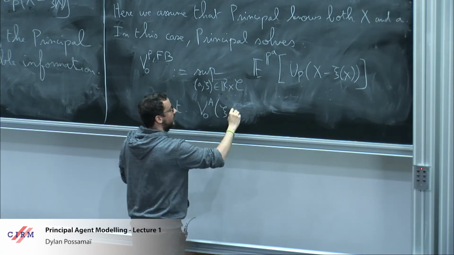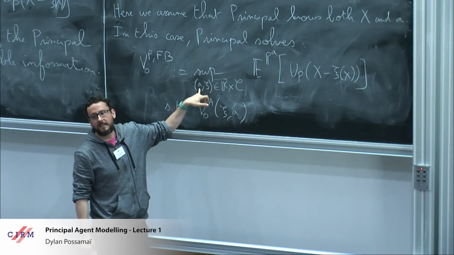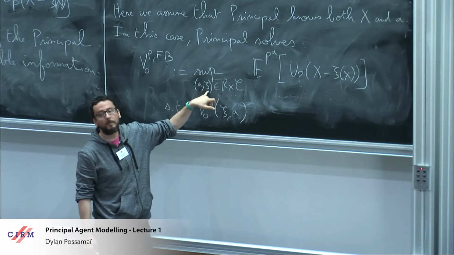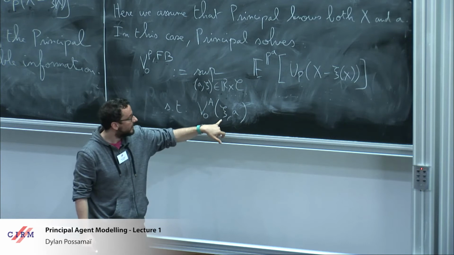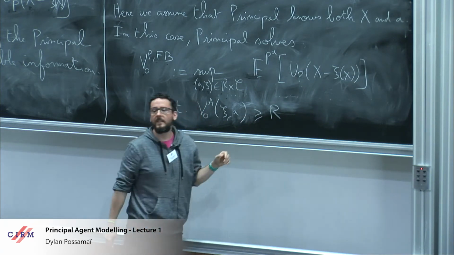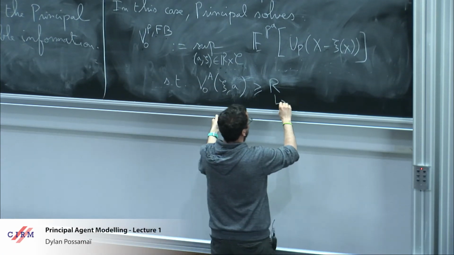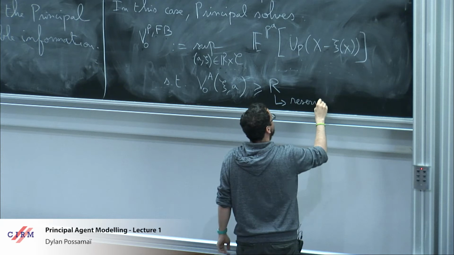put it like this, with the amount of effort that I ask the agent to perform and the payment that I will give him, this utility is lower bounded by some value R, which is called the reservation utility.